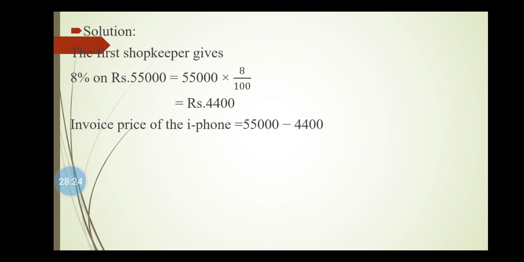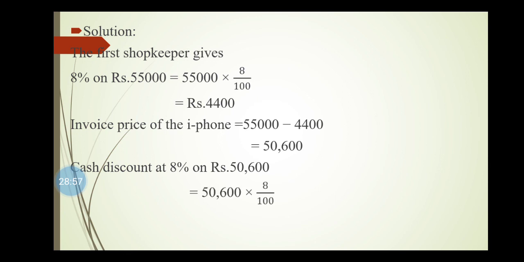So according to the first shopkeeper, the invoice price of the iPhone will be 55,000 minus 4,400, and it is equal to 50,600. Now the first shopkeeper allows a cash discount of 8% on invoice price. Invoice price is rupees 50,600.